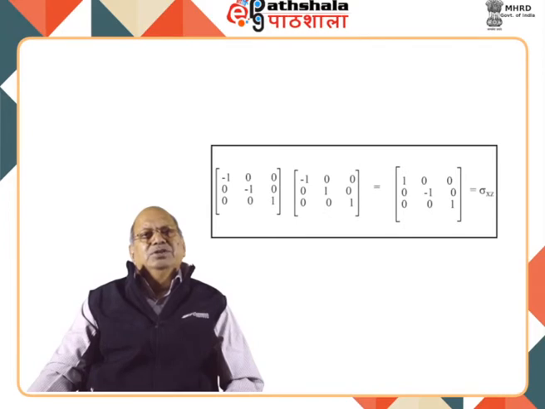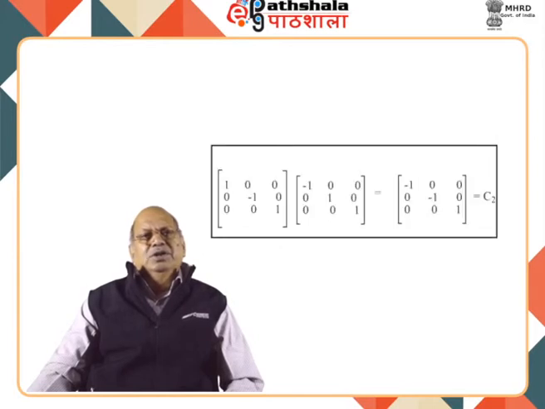Now let us take C2 into sigma yz, and the result is sigma xz. So I take the matrix corresponding to C2 and the matrix corresponding to sigma yz and multiply them together. I get 1, 0, 0, 0, minus 1, 0, 0, 0, 1, which is nothing but the matrix corresponding to sigma xz.